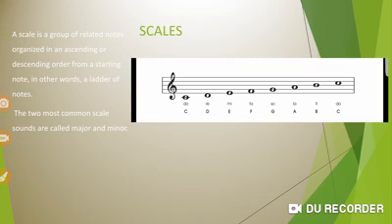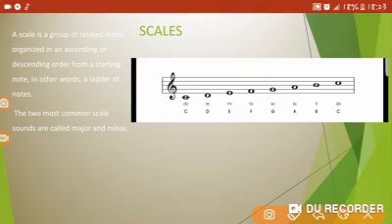We have so many scales, of course, but the two common scale sounds are called the major and the minor. In this video, I want to talk about the major scale only, so that I don't complicate things. This scale is composed of 7 different notes.